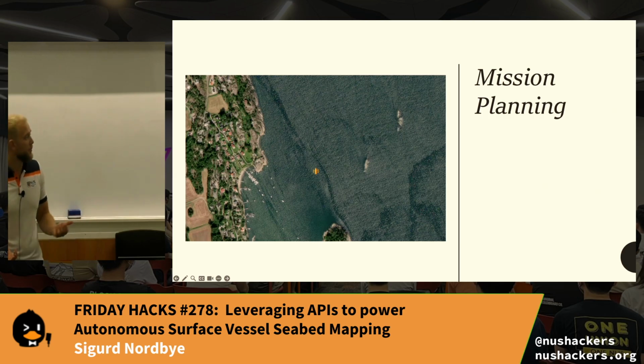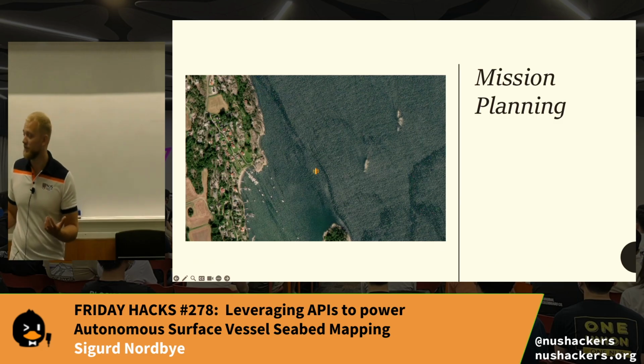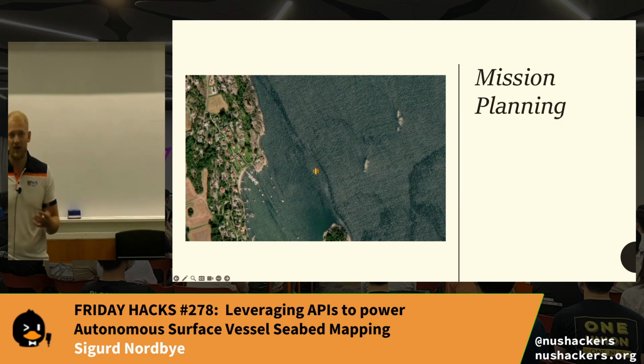The normal way would be to draw your own polygons and create a lawnmower pattern inside that polygon. But both me and my boss thought that would be a bit boring. So he told me, why don't you pursue some sort of AI solution that could understand the position of the vessel to give feedback and actually generate missions.